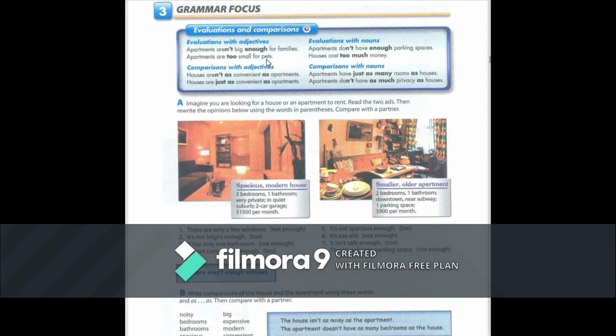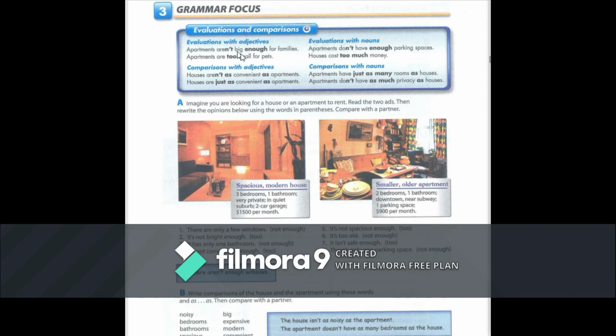While enough goes before the noun. See the noun here? The noun here is parking spaces, and this is enough. So I say apartments don't have enough parking spaces. So if there's an adjective, I put it before the word enough.